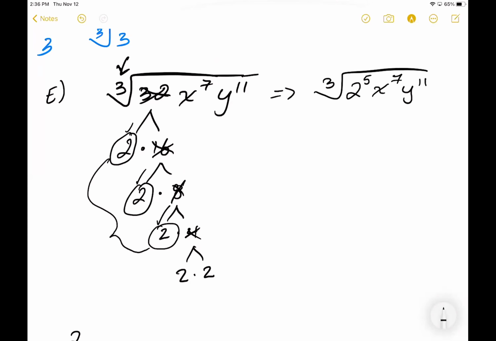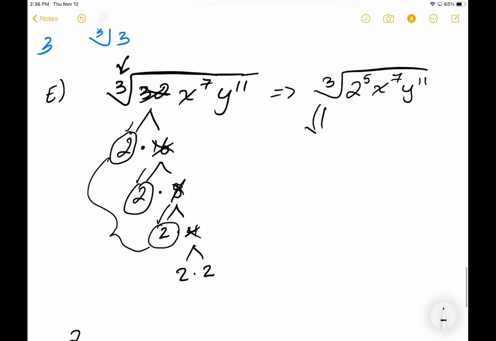Remember the power over root that we did in the beginning? Can we agree that we can convert this: the power is 5 over the root is 3, the power is 7 over the root is 3, and the power is 11 over the root is 3.